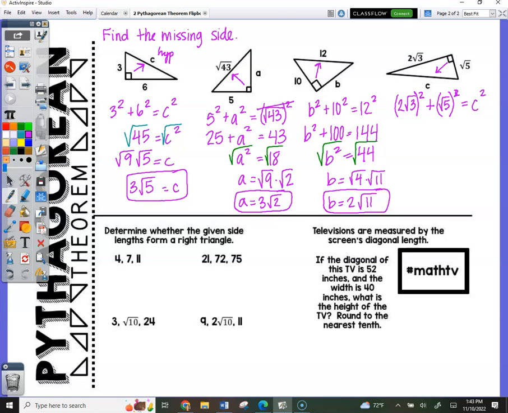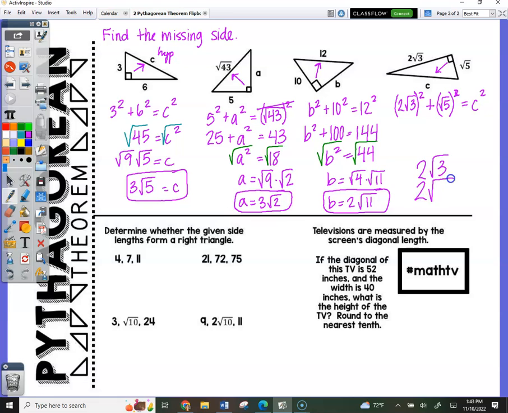Now this one's slightly different because where's that 2 in the parentheses? It's on the outside of the square root, which means it doesn't actually cancel, it does get squared. So you have to think about it. This would be 2 square root 3 times 2 square root 3.